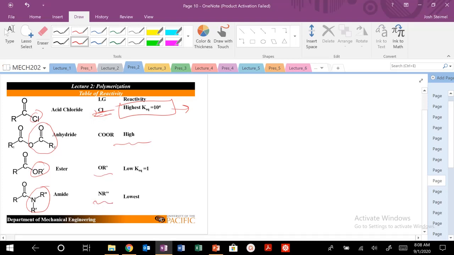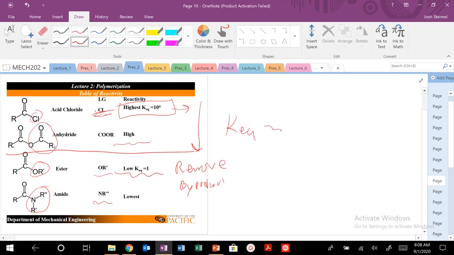Once you get to your nitrogens, the reactivity gets really low. Once you cross this threshold, you have to do some tricks to make the reaction proceed forward, such as removing byproducts, because this value is too low. We want K equilibrium values on the order of 100, 1,000, 10 to the 4.